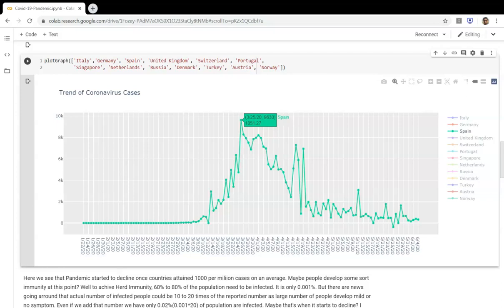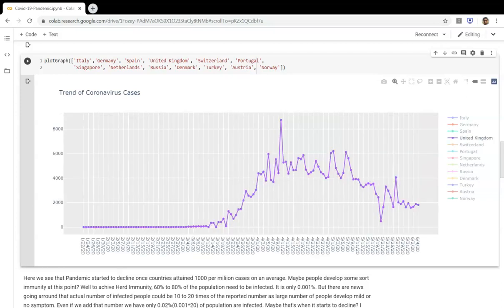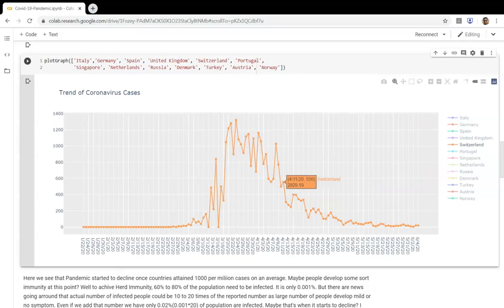In the case of Spain, we also see it started to decline after 1000. In the United Kingdom, it's also almost equal to 1000. In Switzerland, it is also equal to 1000.